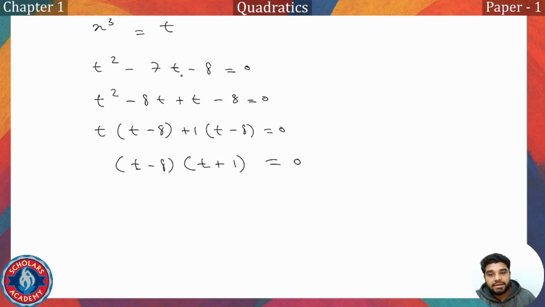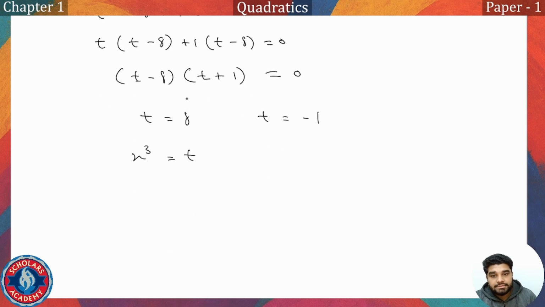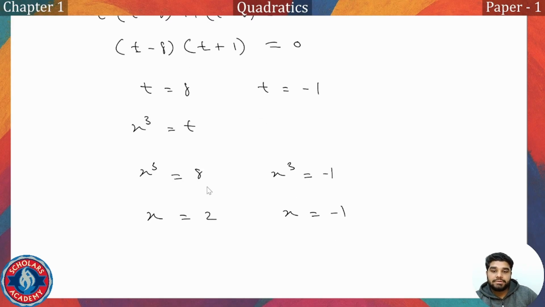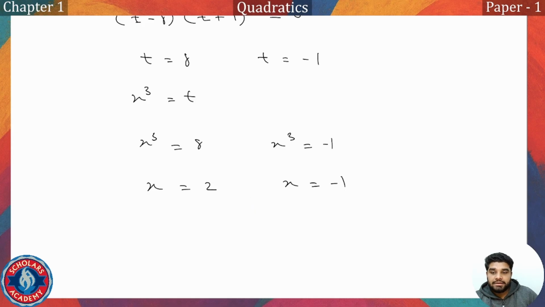So from here I get t as 8 and t as negative 1. What is t? x cube is equal to t. So substituting this back, I get x cube is equal to 8 and x cube is equal to minus 1. Taking cube root, I get x is equal to 2 and x is equal to minus 1. Those are the values for x. Let's move forward.